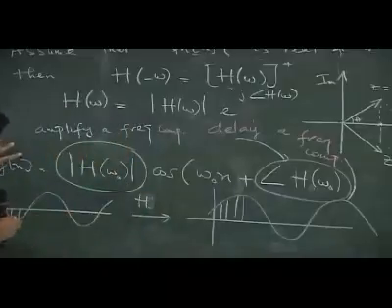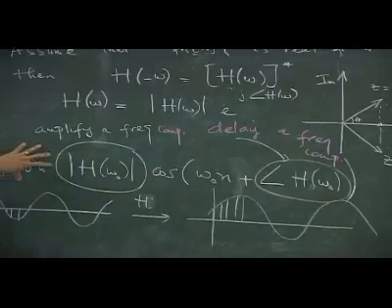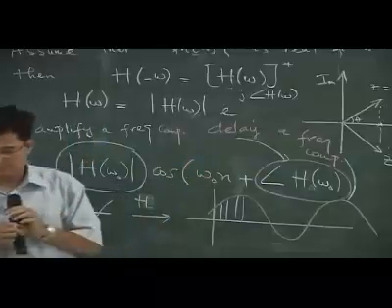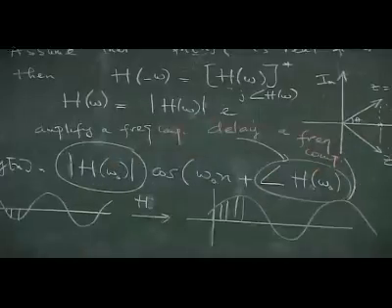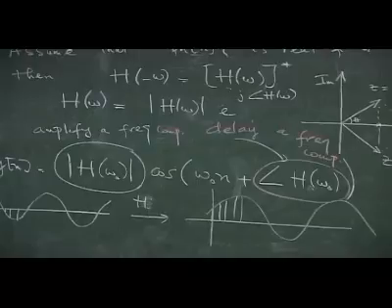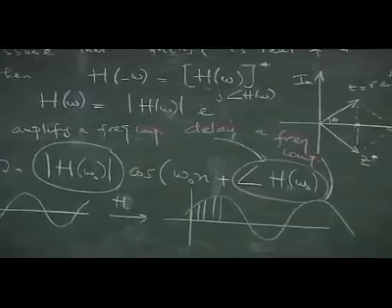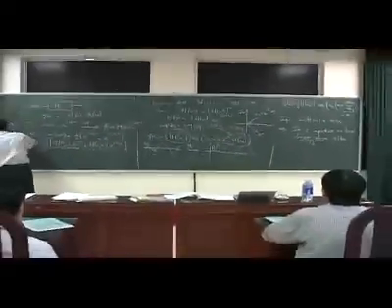Right? Any signal can be decomposed into different frequency components, and for that particular input, the output gets amplified and delayed by these two. And that's why we need to have a linear phase. So the question is, how can we design a system with linear phase? That's what I would like to have. So maybe look at some examples and see what we have.